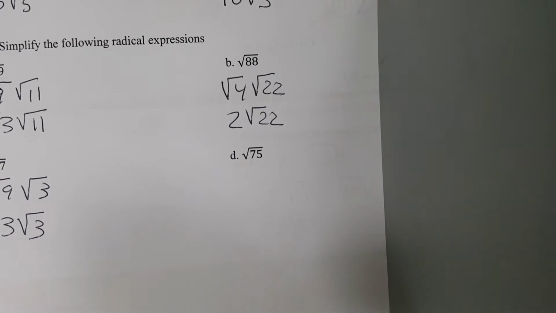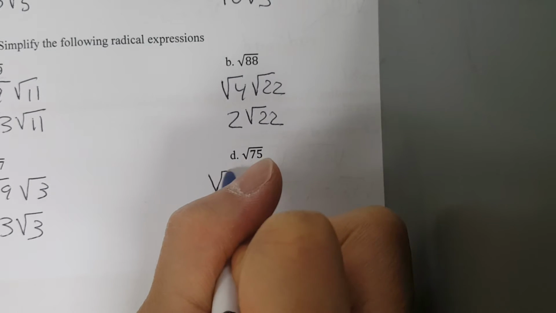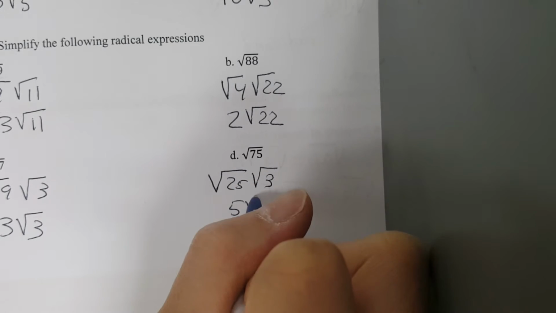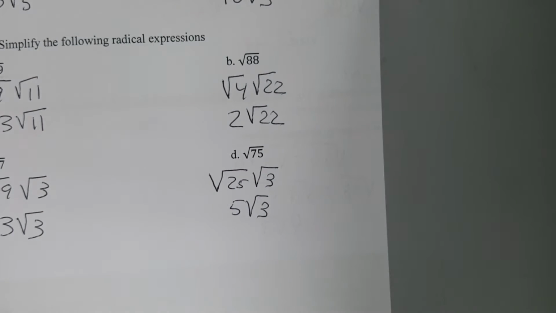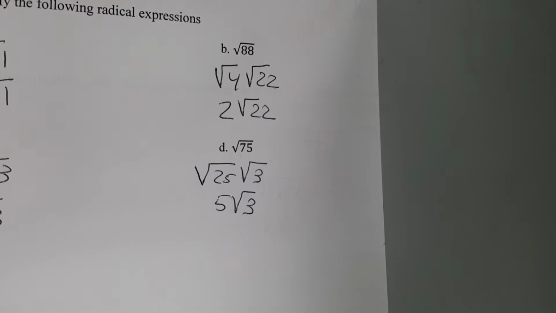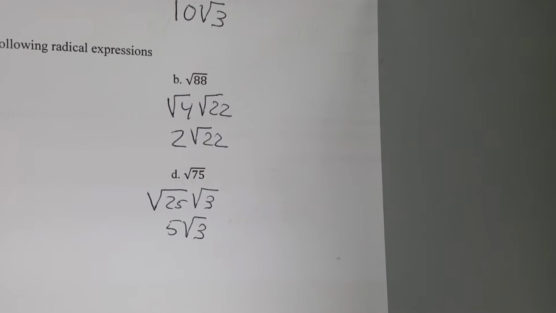The biggest number on the left that can go into this is 25. So this should just be 5 radical 3. Okay.